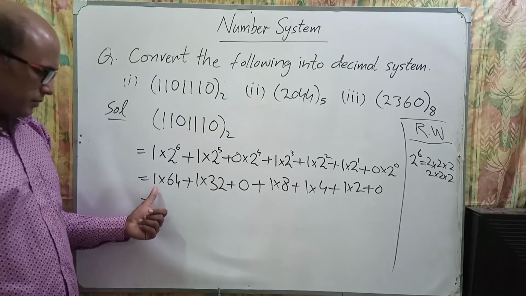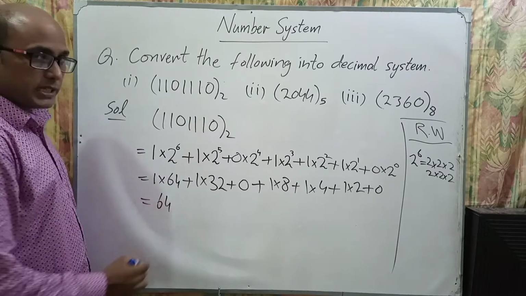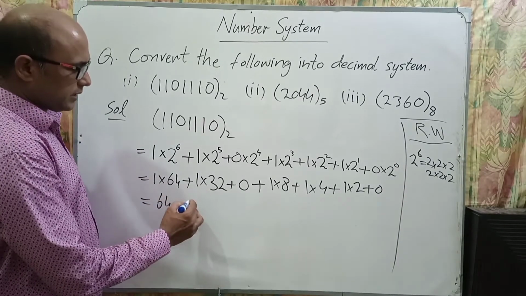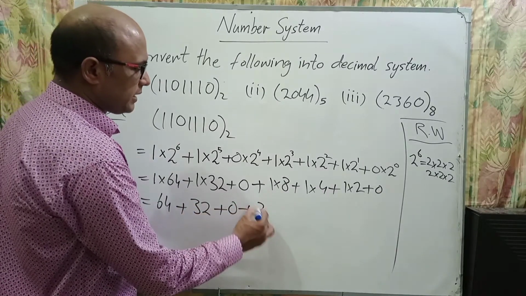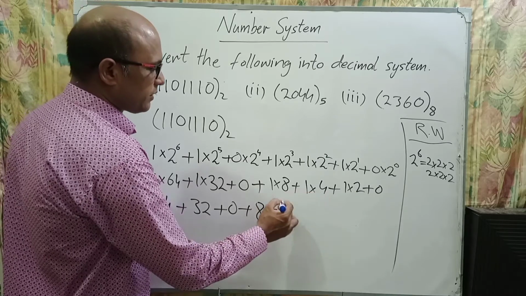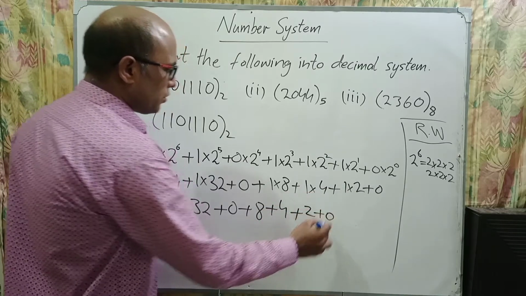Let's do next. We'll multiply 64 by 1. It will become 64 plus 32 plus 0 plus 8 plus 4 plus 2 plus 0.